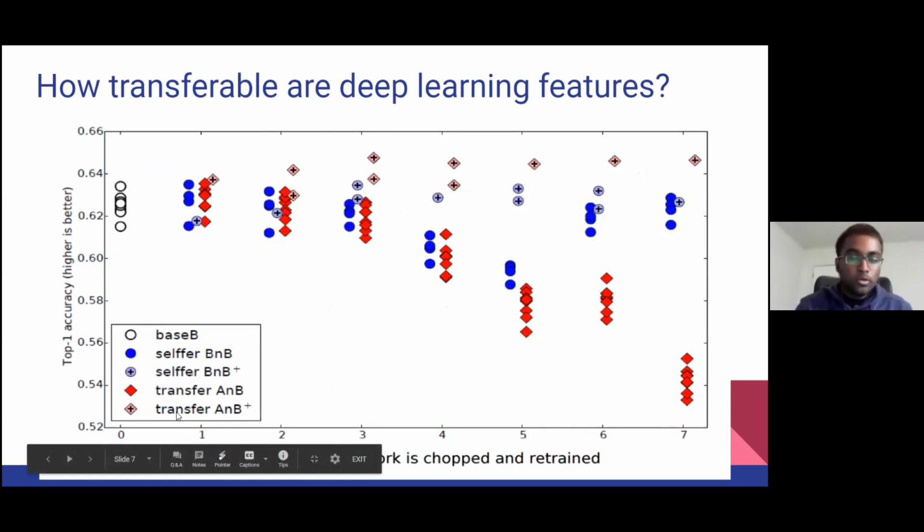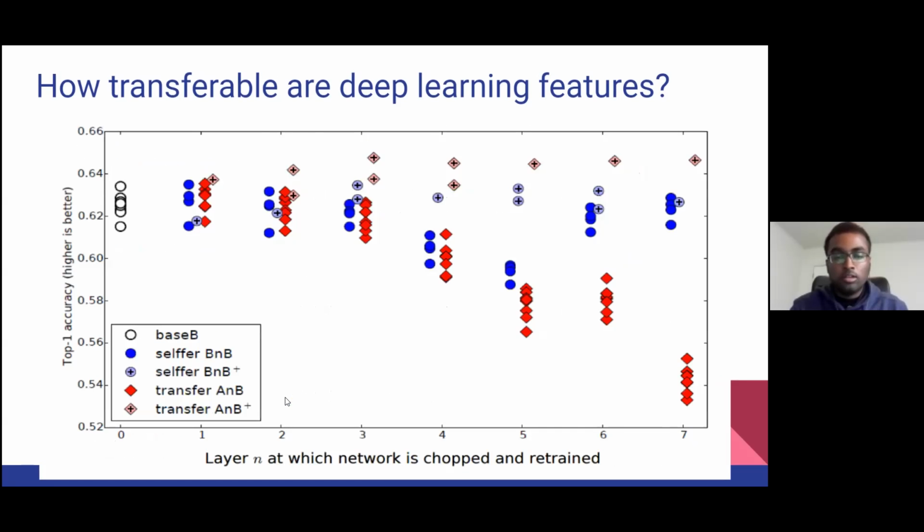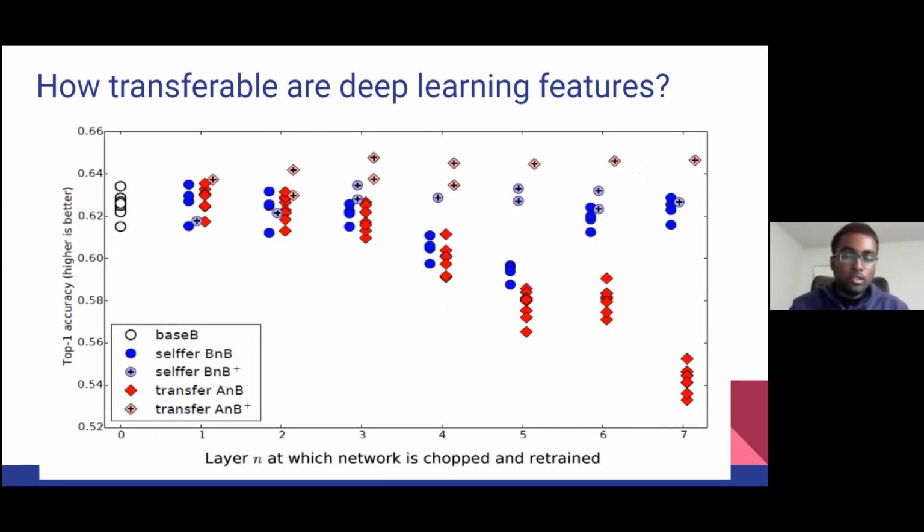And the last one you can see is A and B plus, that is the features are copied from the base A, and the entire model is allowed to be trained. Over here you can see the performance increases regardless of n from 1 to 7.